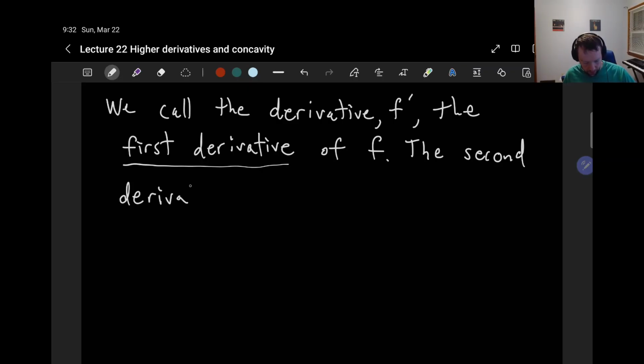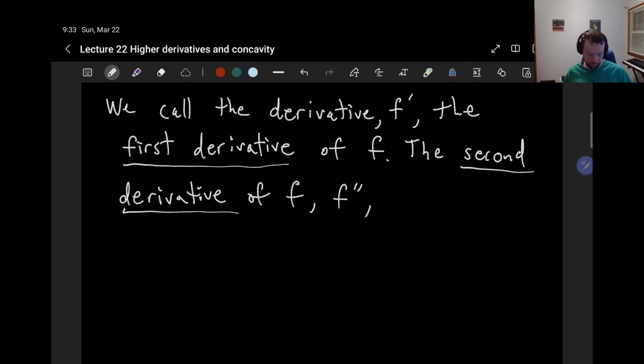So the second derivative of the function f, which we call f double prime. So the number of primes here indicates the order of the derivative. So what is this thing? Well, it's the derivative of f prime, the derivative of the derivative.